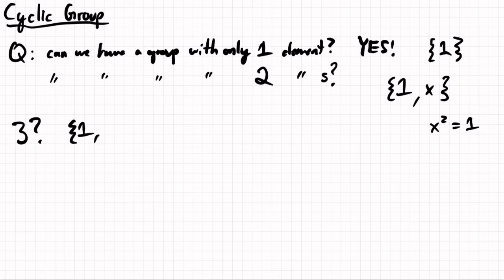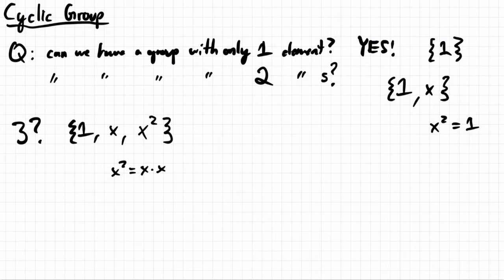What we can do is take X, and then X squared. Now, if I have 3 elements, 1, X, and X squared, where X squared is just X times X here, how can I make this into a group?